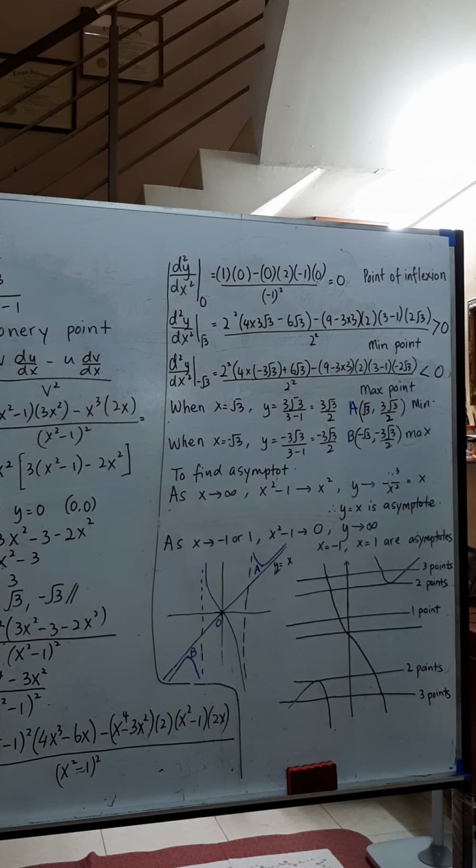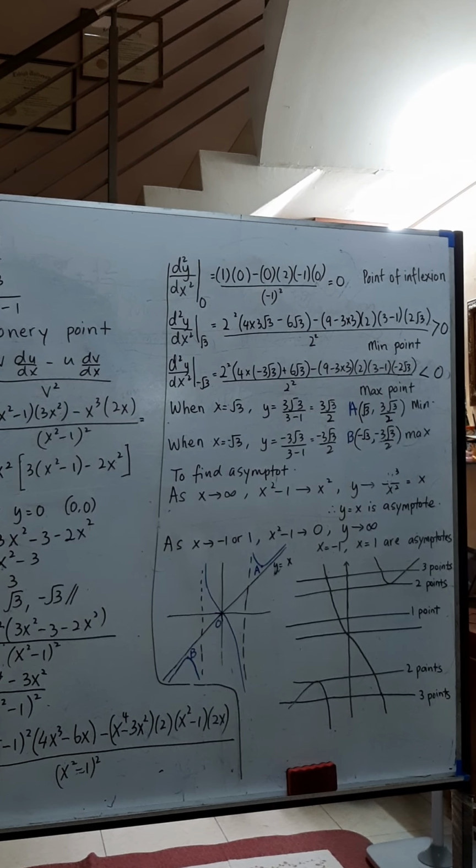It doesn't matter what the value is; you just punch it into your calculator and see if it's positive or negative. The value doesn't matter, you just want to see the sign. Here, the value is positive, therefore your conclusion is a minimum point. When it's negative, your conclusion is that the point is a maximum point.